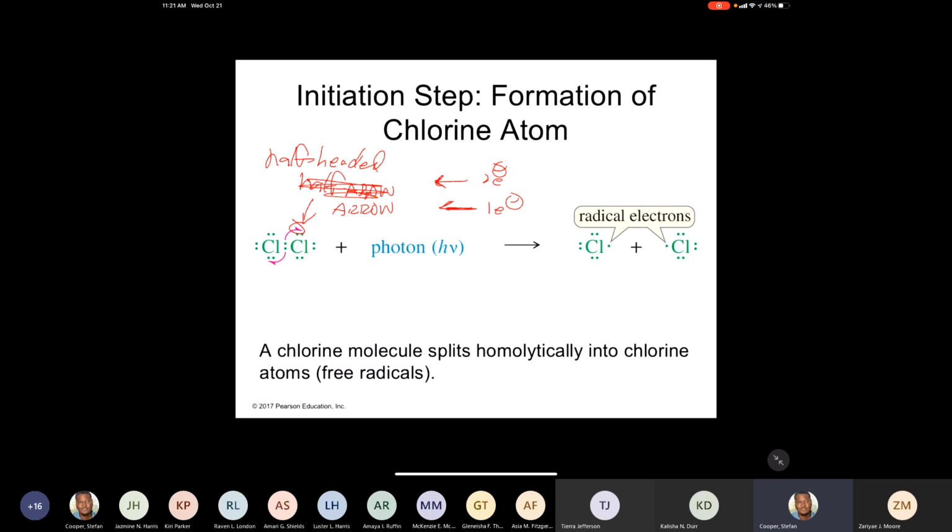But keep in mind, there's a reason why I'm trying to teach this to you guys. I'm probably going to ask you which step of a free radical mechanism this is. Is it the initiation step? Is this the propagation step? Or is this the termination step? If I started off with no radical in my reactant, but my product has a radical, that's the initiation step. Propagation step is what?